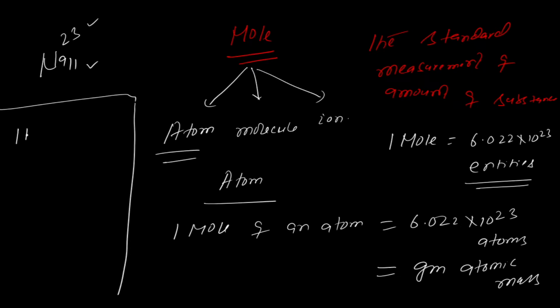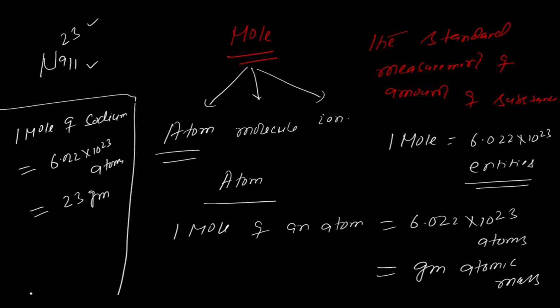So 1 mole of sodium is equal to 6.022 into 10 power 23 atoms, or it is equal to, since its atomic mass is 23, 23 gram.